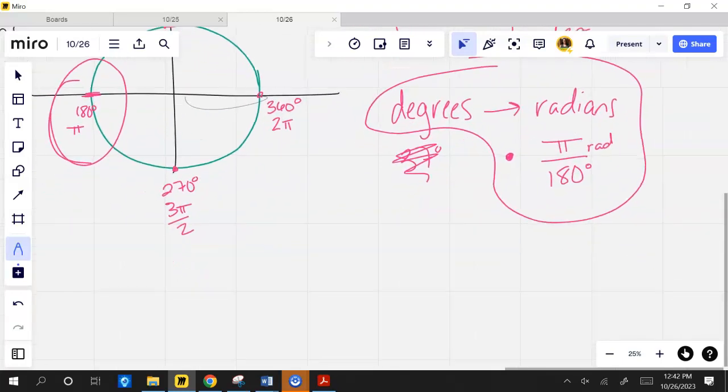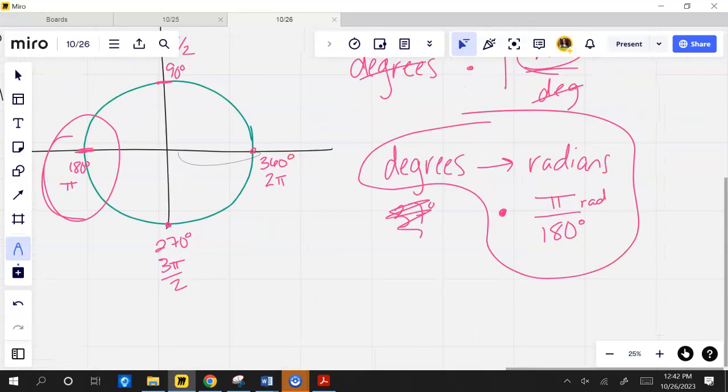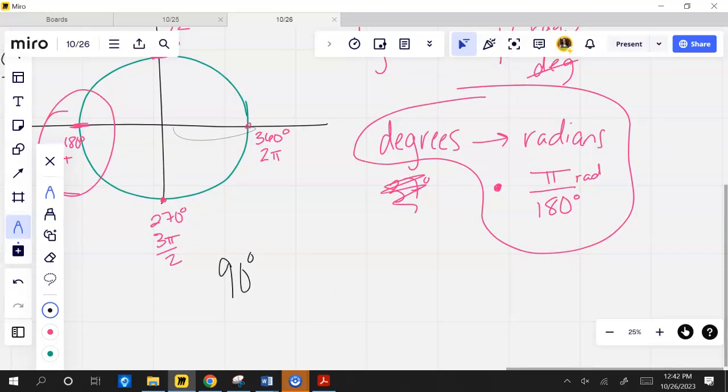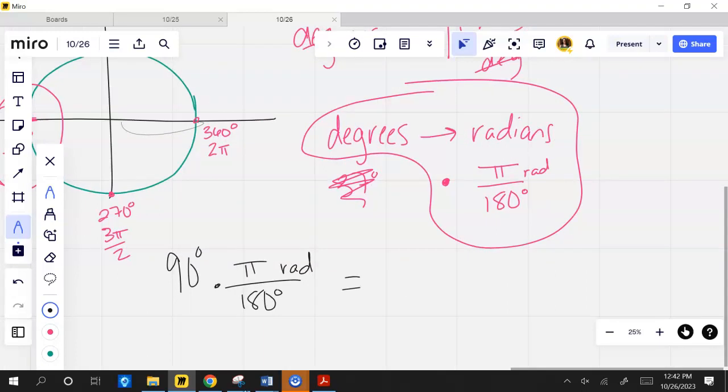So let's look at the unit circle and see if it works. Using this conversion, convert 90 degrees to radians. Ready, set, go. Using the conversion I gave you, not a number, an exact answer, leave the pi in it.